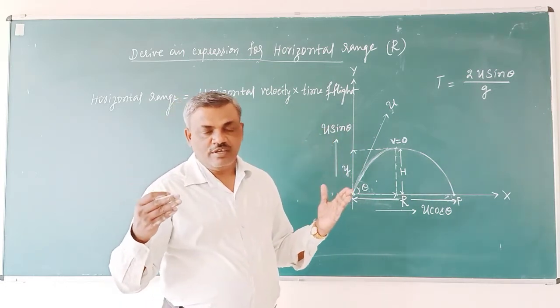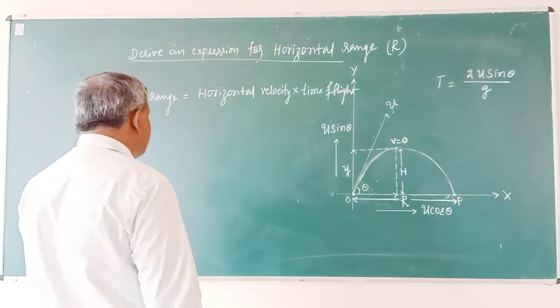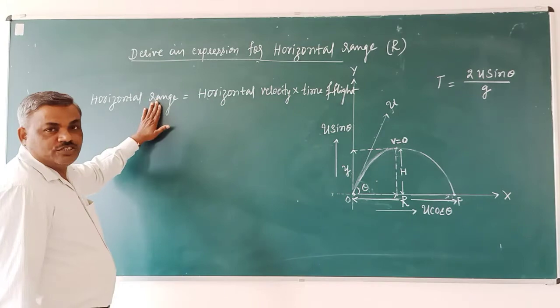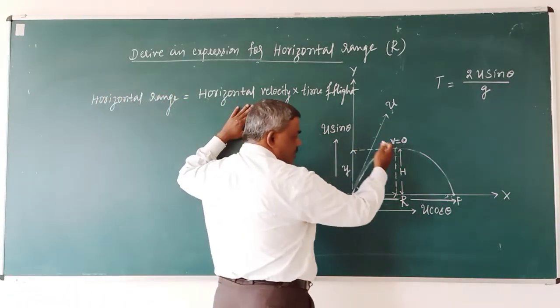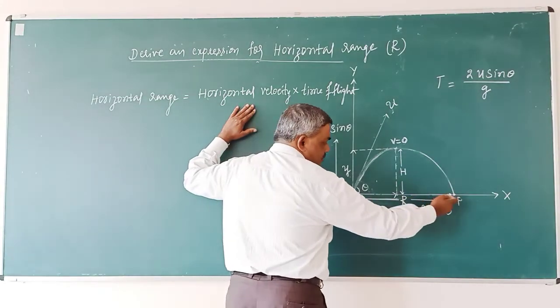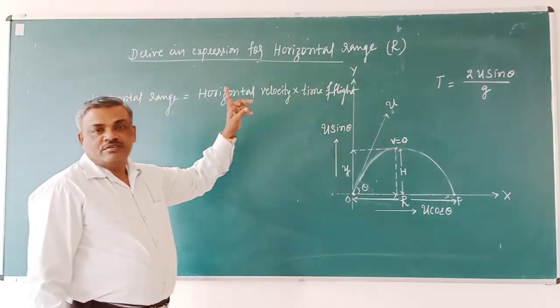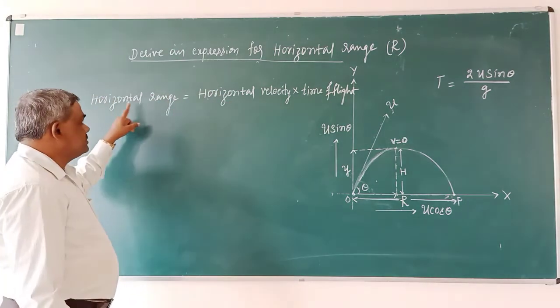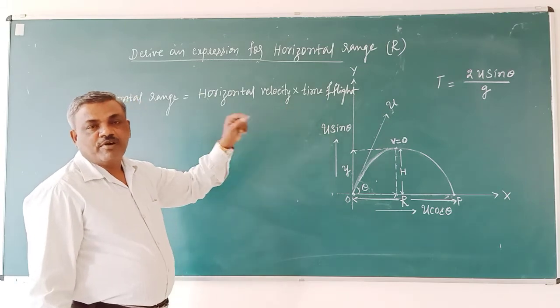How do you get the mathematical formula for horizontal range? A simple method: horizontal range equals horizontal velocity, the velocity of projection along the x-axis, u cos theta, into time of flight.